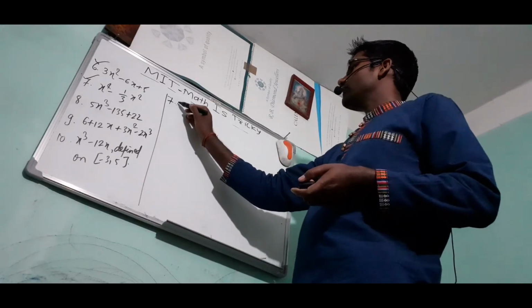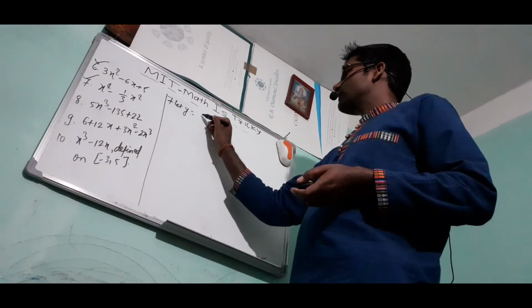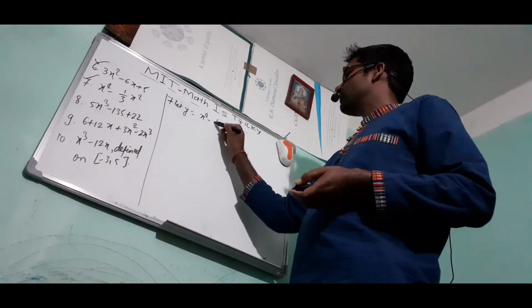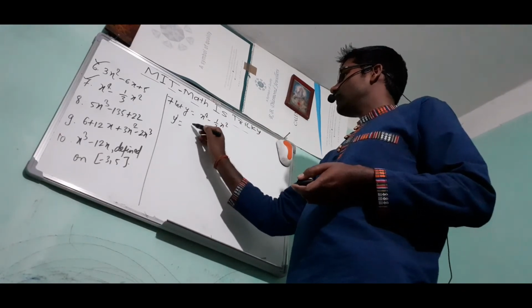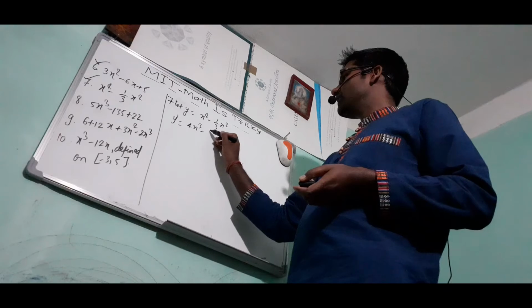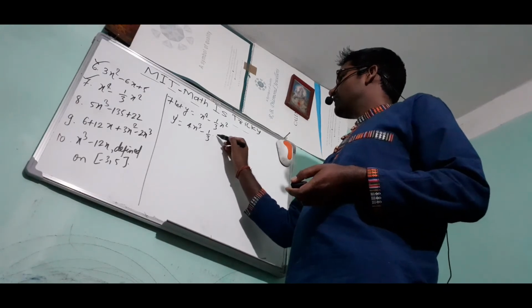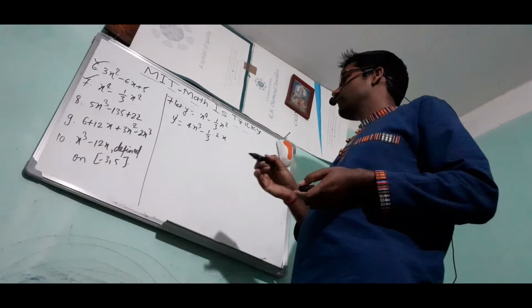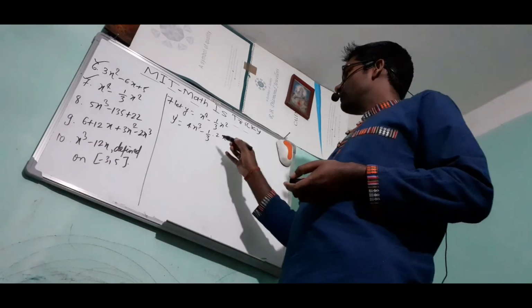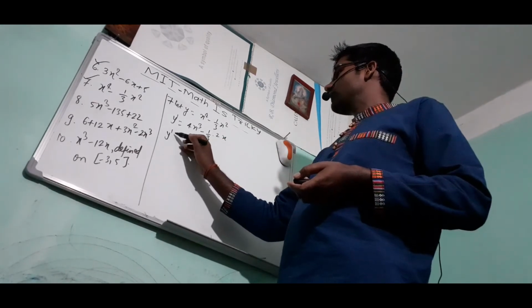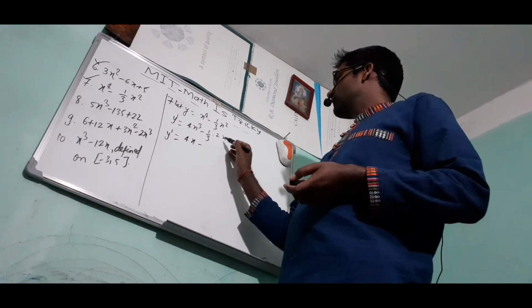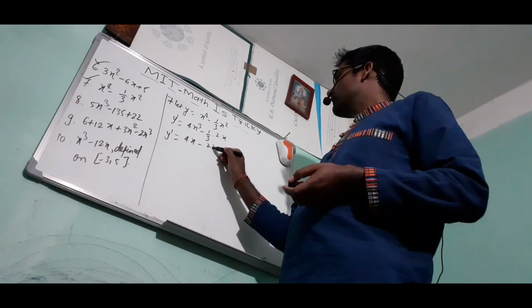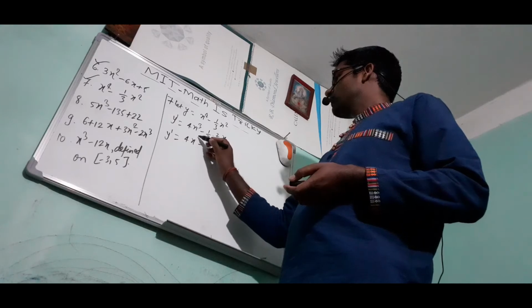Okay, so let y equal x power 4 minus 1 by 3 x square. As before, let's find the first derivative. It is 4x cube minus 1 by 3 times 2x. If we simplify this, y dash equals 4x cube minus 2x by 3.